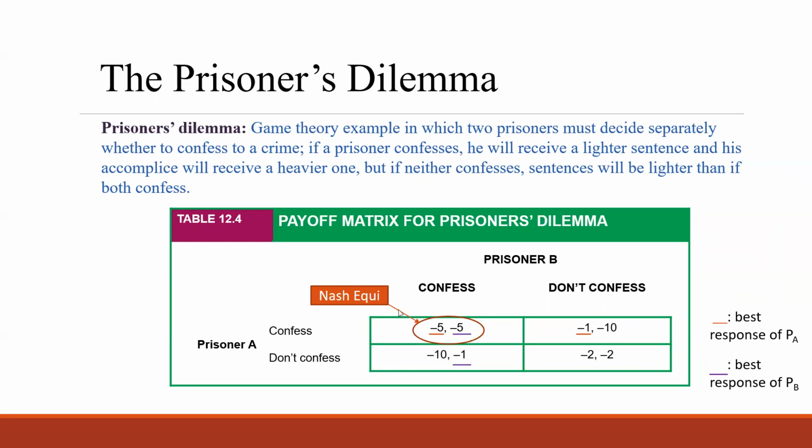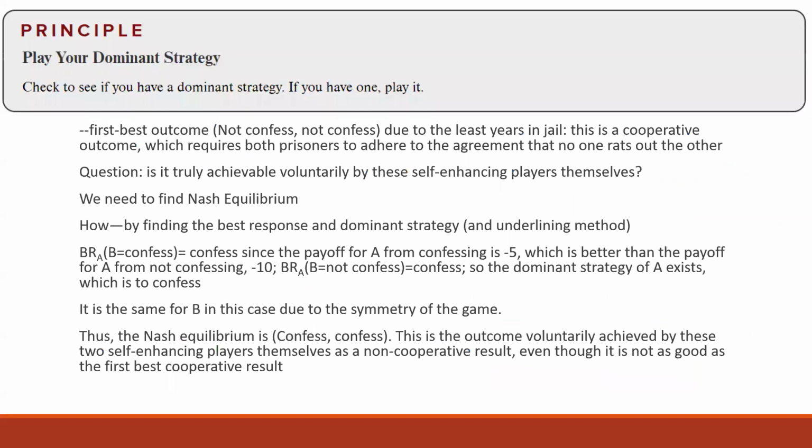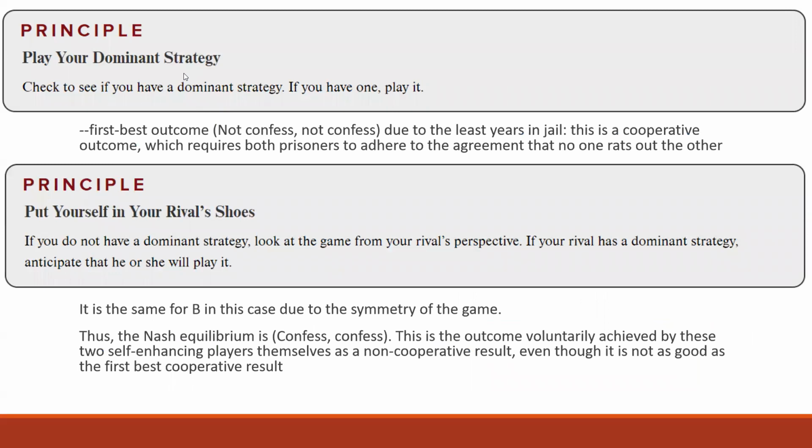And here the dilemma is that each prisoner, when only considering the best possible strategy that they can make to make themselves better off, the joint outcome will not be the best. The total outcome, namely the joint outcome, is 10 years, which is not as good as the cooperative outcome, which is 4 years. Okay, so here there are two principles.